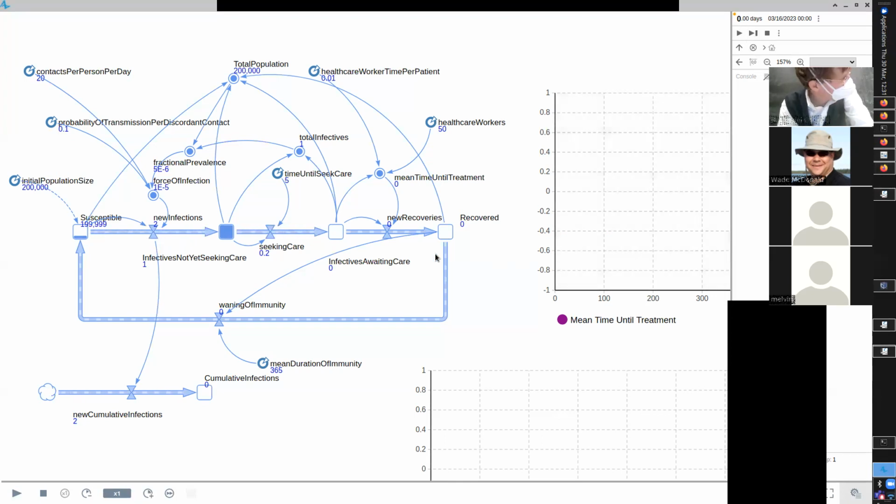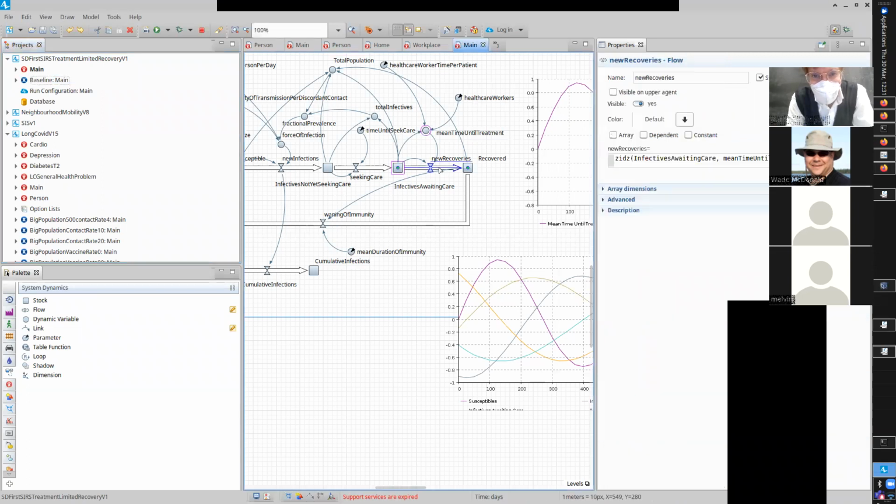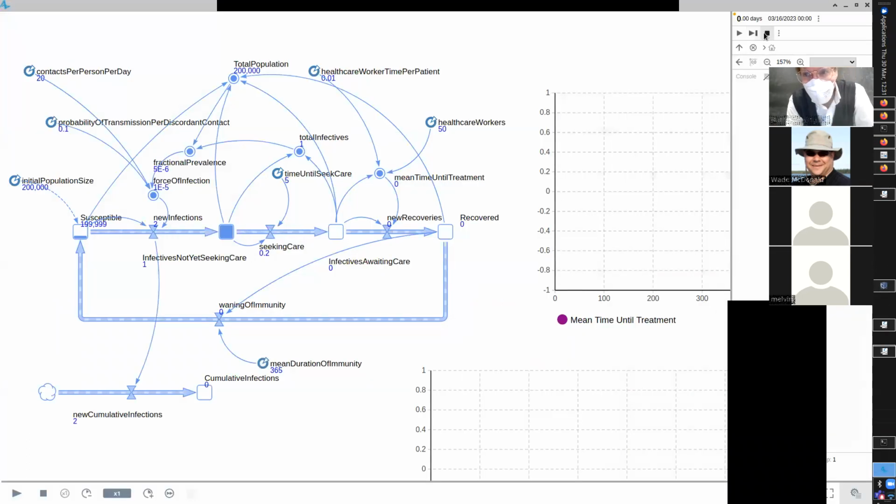It is, but I put a ZIDZ there, right? Oh, I thought you put ZIDZ. No, I put on new recoveries. Okay, so that's not correct. No, but it looks like mean time of treatment is what I would say.